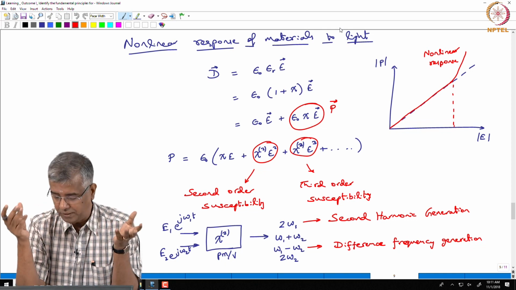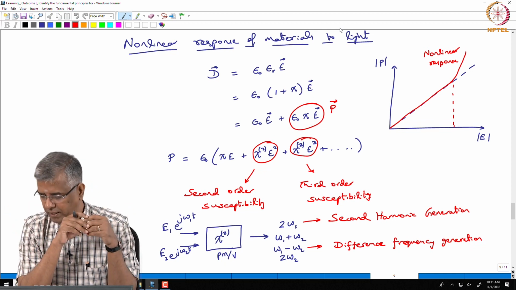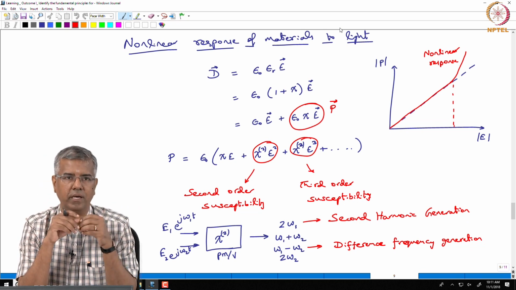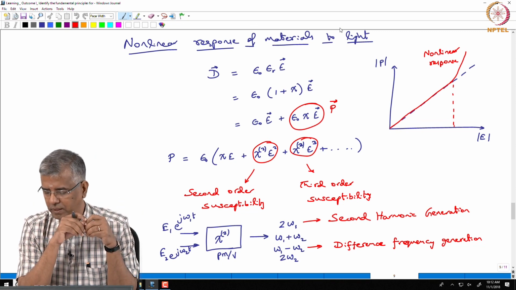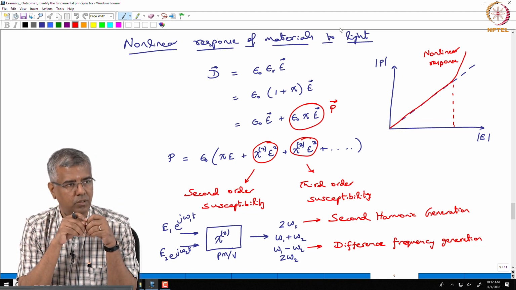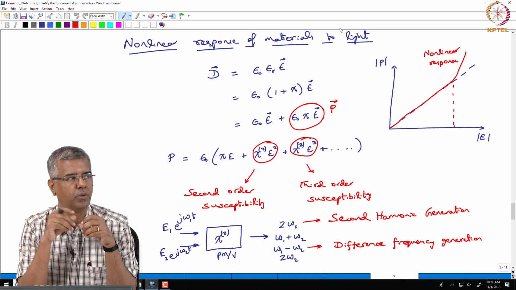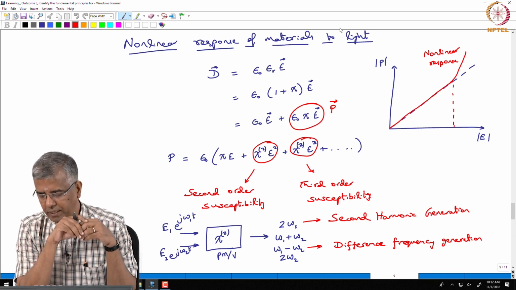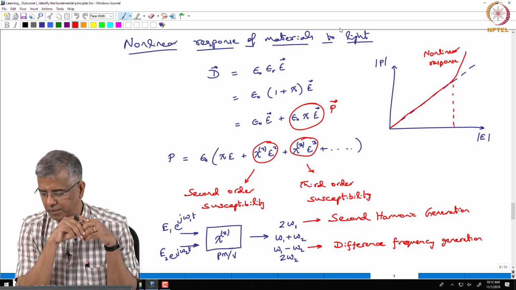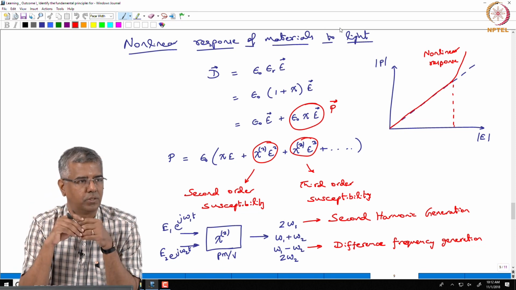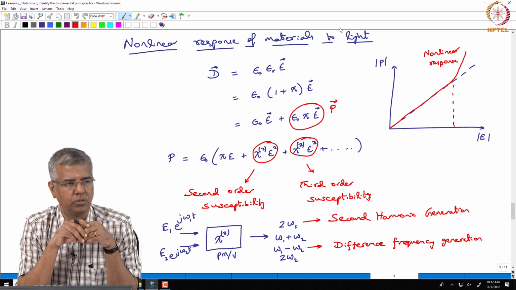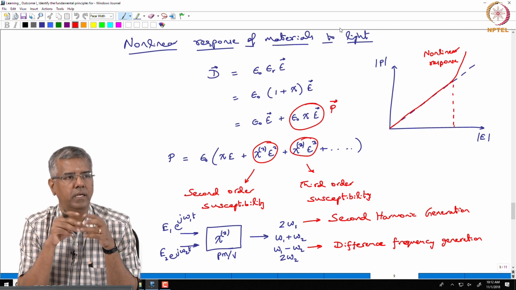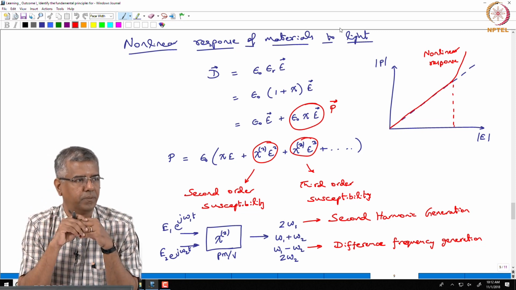But if your electric field, yesterday we were looking at an example where we had 5 volts across 10 microns, so that's 5 times 10 to the power 5 volts per meter. When you go to relatively large electric fields, very close to the breakdown strength of the material itself, then you get to see these nonlinear properties show up.